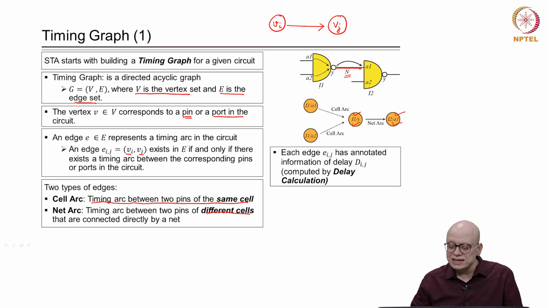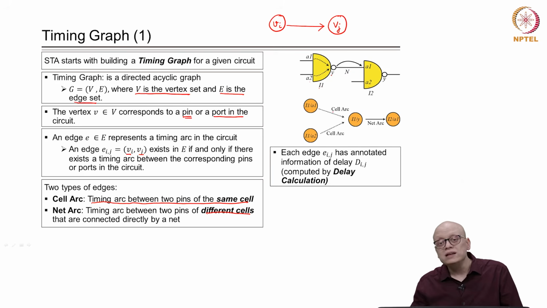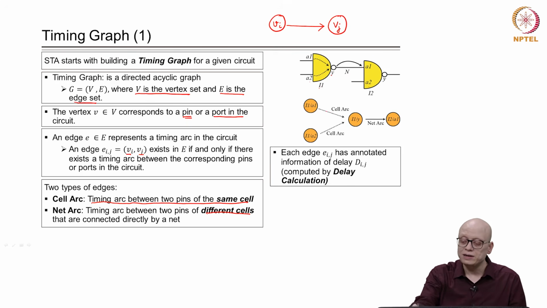Now, each edge Eij has annotated information of delay Dij. When timing analysis is done, or when STA is performed, on each edge the tool will internally annotate the delay corresponding to that arc. For example, here there will be a delay of say 10 picosecond, here it can be a delay of 12 picosecond, at this edge there can be a delay of say 5 picosecond, and so on.